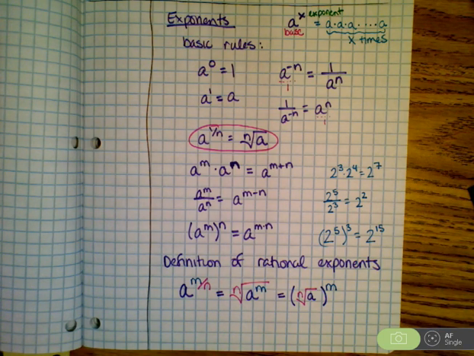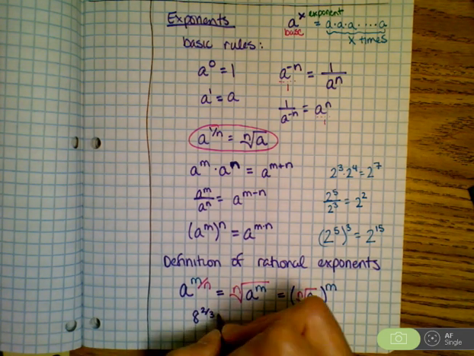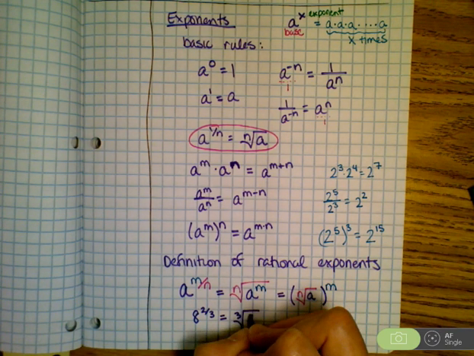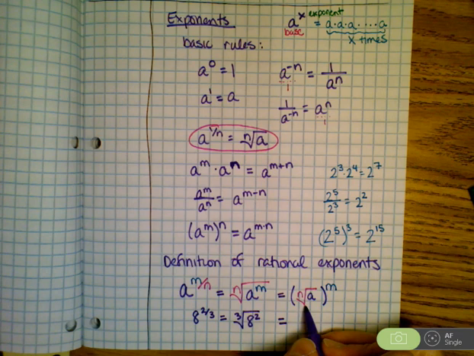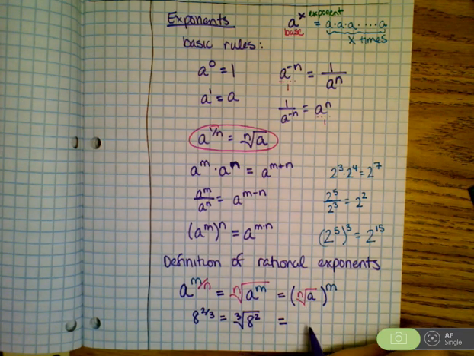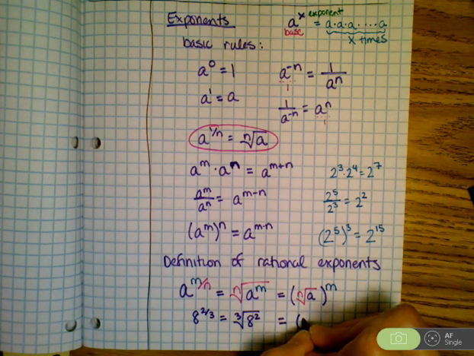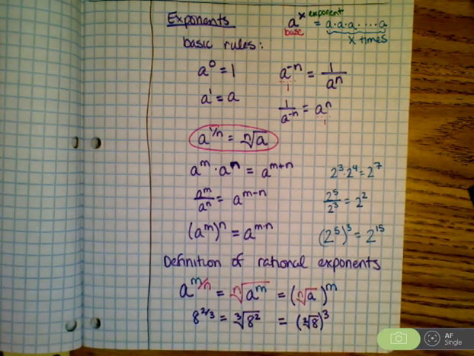So for example, if we had 8 to the power of 2/3, we could either say that's the cube root of 8 squared, or we could say, and you don't have to do both, I'm just showing you all the possibilities, it's the square root of 8 cubed.